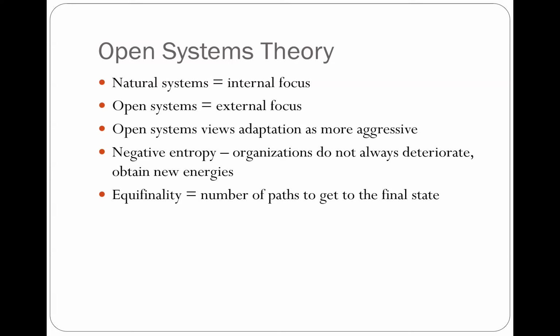So things such as money, labor pool, elected official support, client group, constituent support. Those are all new resources and energy that organizations can focus on bringing into the organization to help them stave off deterioration and help them survive into the future.